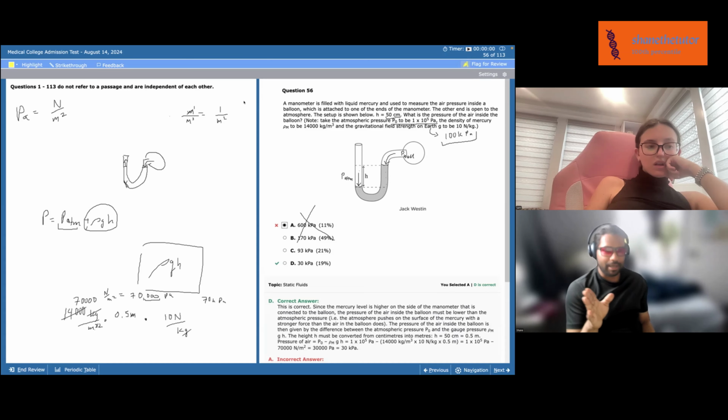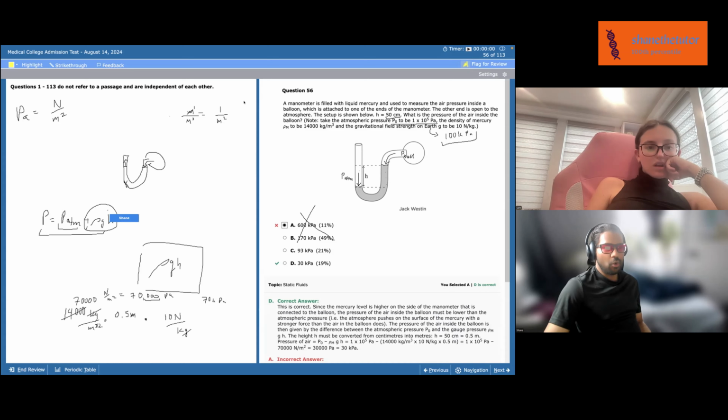So right away we can eliminate A and B. And then we have to do the math part. Instead of doing the entire equation, if you just think about it conceptually, this rho g h term is how it changes, meaning the pressure of the balloon would be the pressure of the atmosphere minus this term, whereas on this end, it'll be the pressure of the atmosphere plus this term.